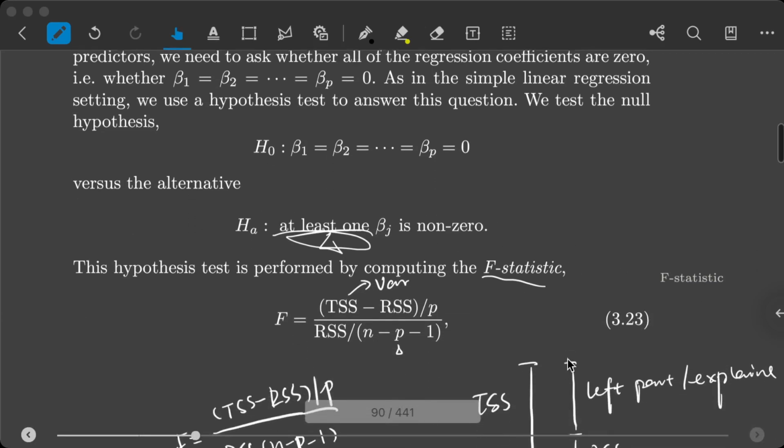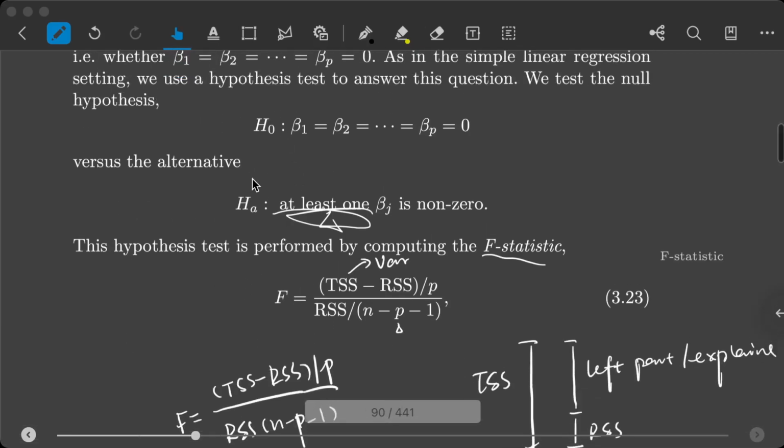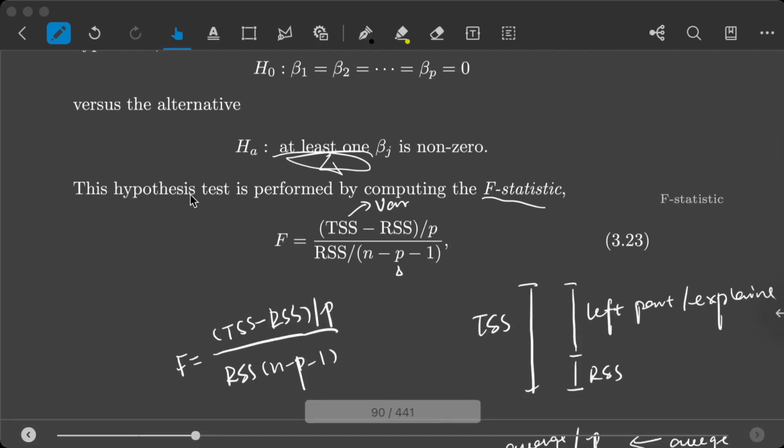So how can we test this assumption? This is tested by computing the F statistic. This term is kind of hard to interpret in this book compared to other objectives in this book. Here we have some concepts.